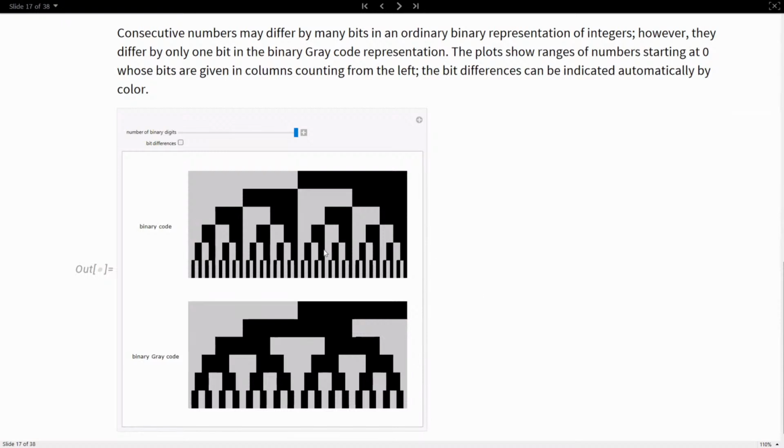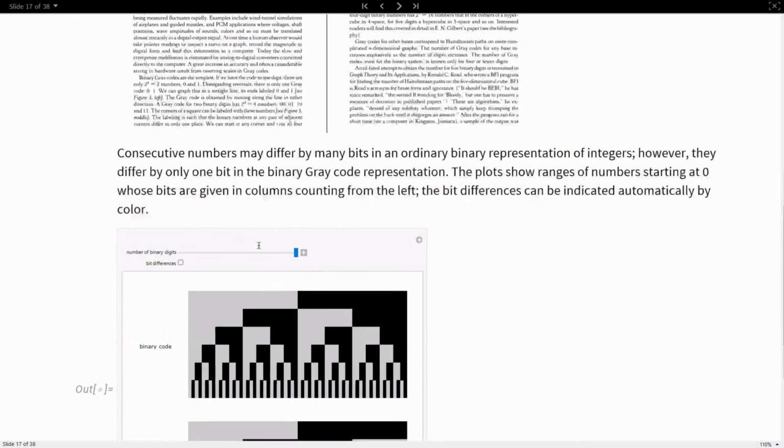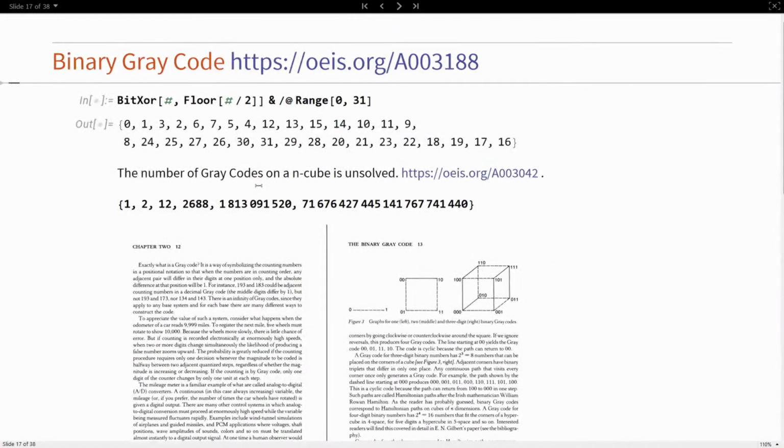So in normal binary numbers up here at the top, a lot can change in one step. One way of generating these is to take, say, a cube and put the binary representations as coordinates on each vertex, and then try to find a Hamiltonian cycle that goes through all the points.